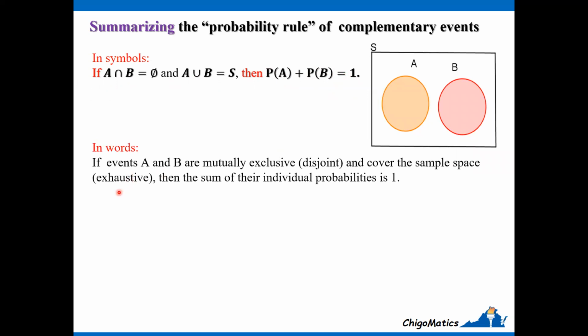Then in words, if events A and B are mutually exclusive, disjoint, and cover the sample space, exhaustive, then the sum of their individual probabilities is equal to 1. The answer I expect to get is 1.